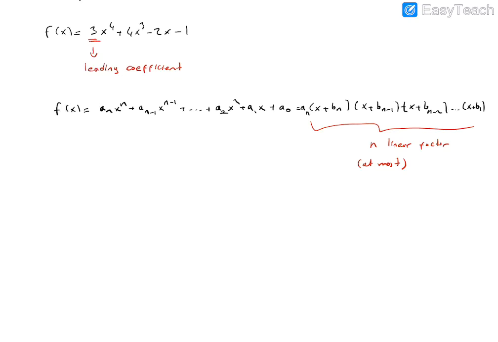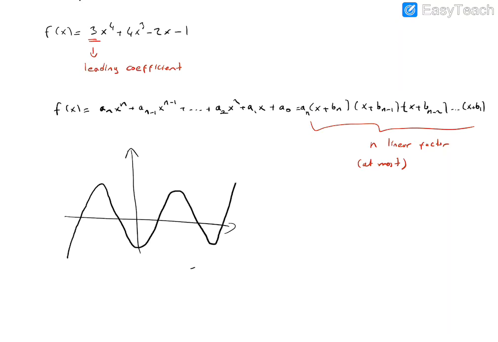Therefore, the graph of a polynomial function of positive degree n can intersect the x-axis at most n times. It can be less than n. Here, if the degree is 5, it starts from negative and a_n is positive, we intersect the x-axis 1 time, 2 times, 3 times, 4 times, and 5 times.